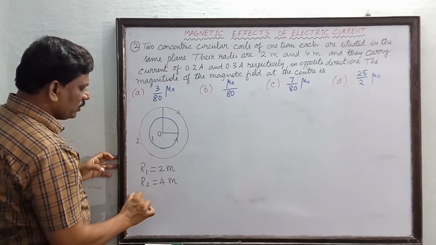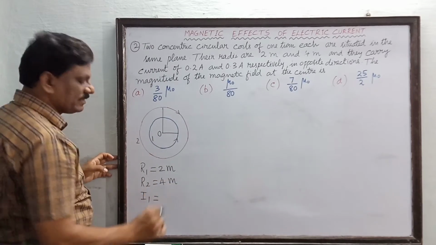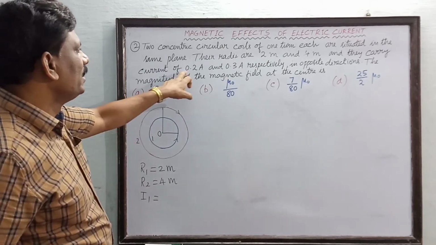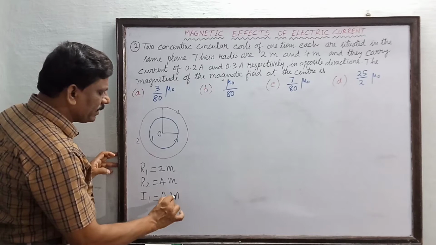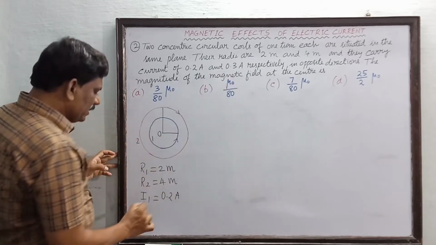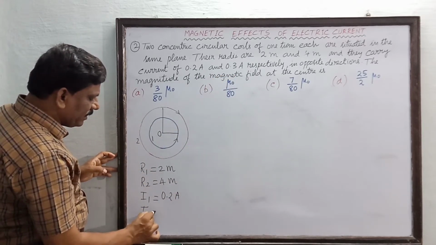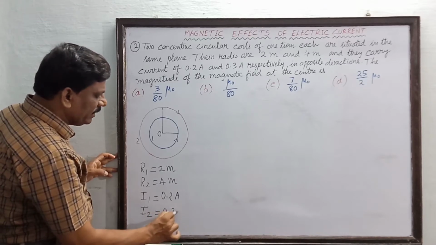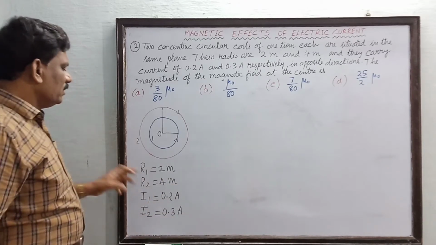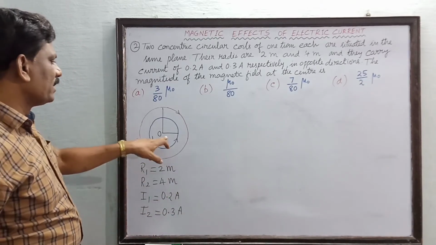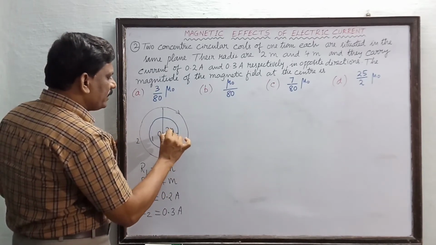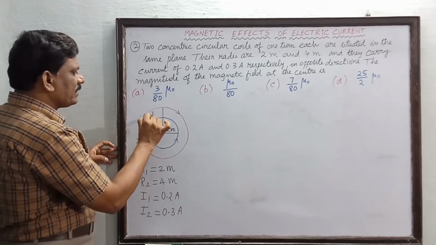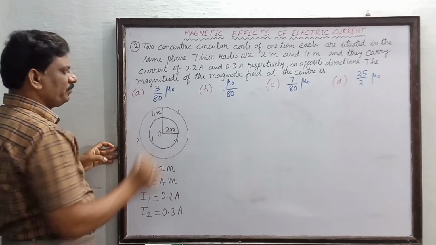The current flowing through the first coil, I will take this as I1 ampere respectively. So 0.2 ampere, and 0.3 ampere is the current flowing through the second coil. Now you see that the smaller coil is having the radius 2 meter and the larger coil is having a radius 4 meter.